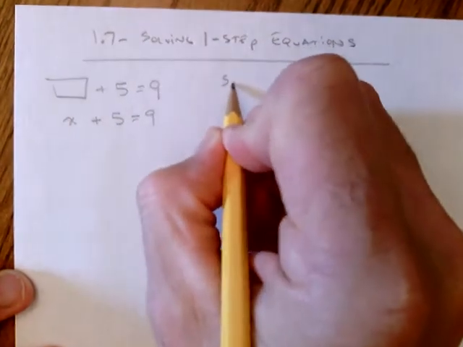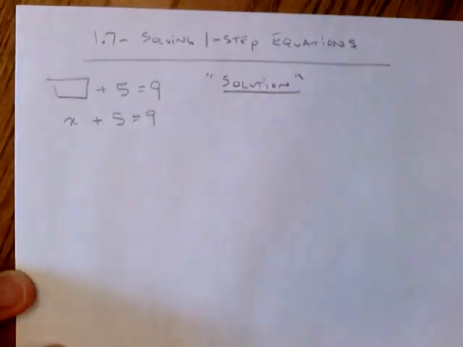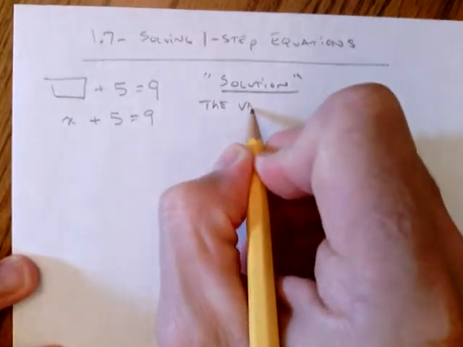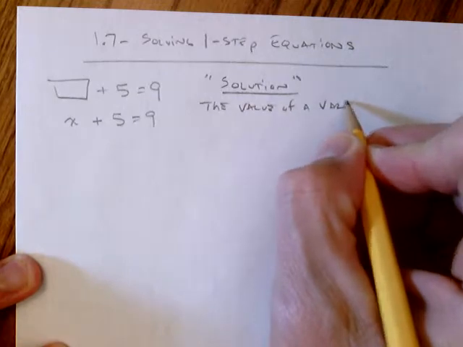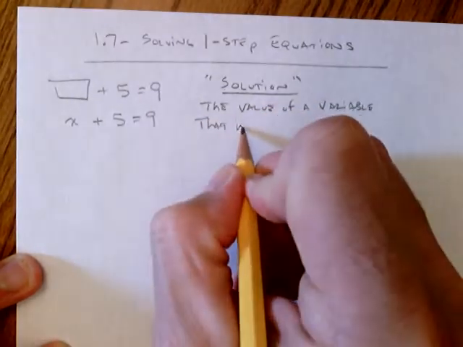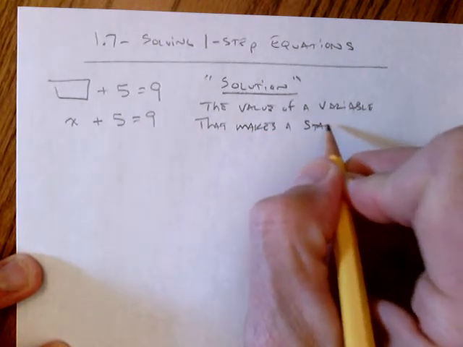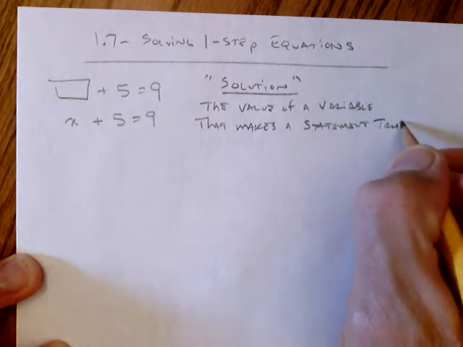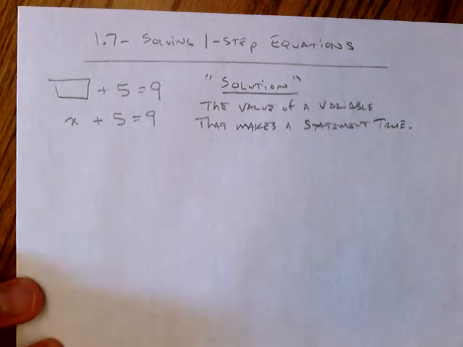So we want to remind ourselves just for a moment what it means to be a solution, right? A solution is the value of a variable that makes a statement true.